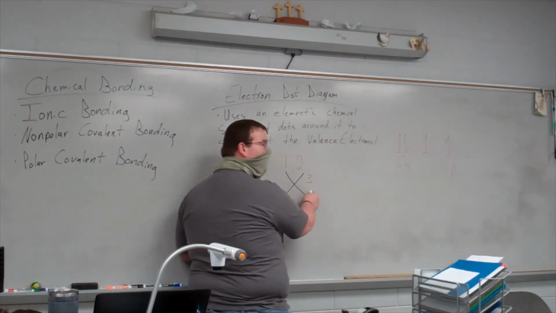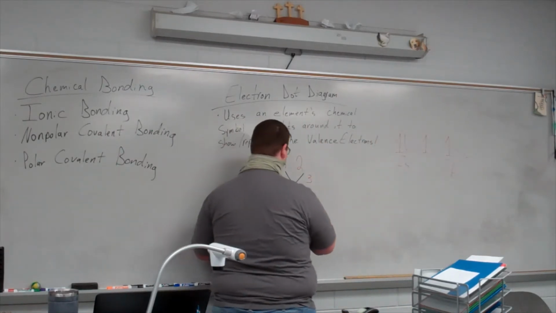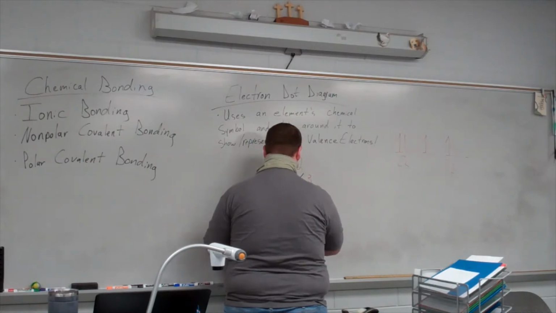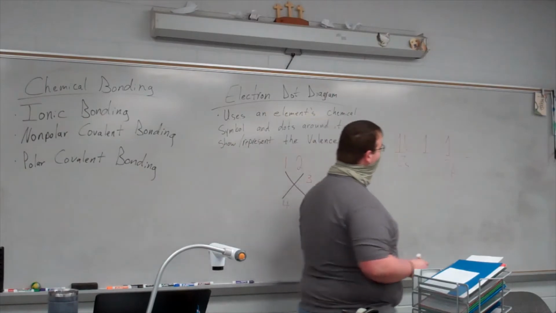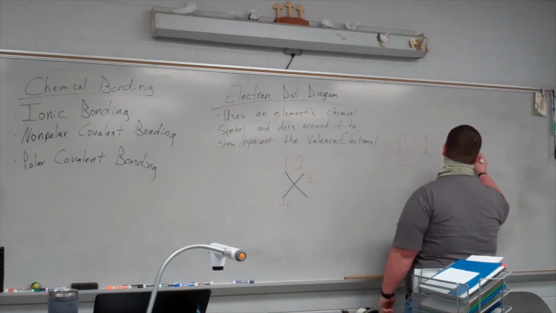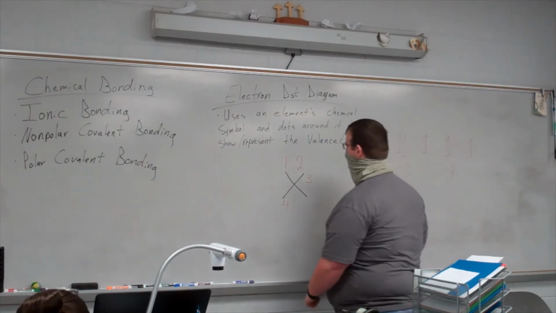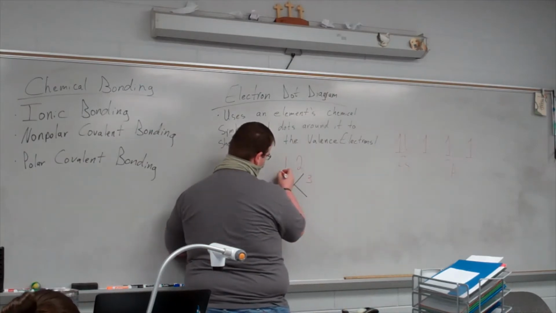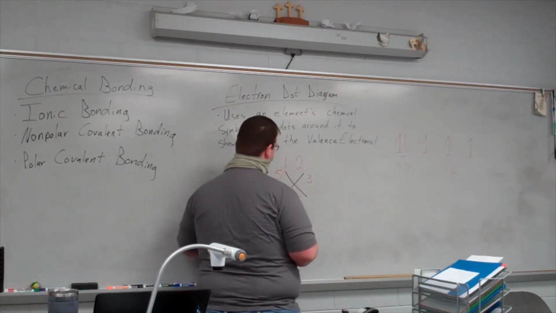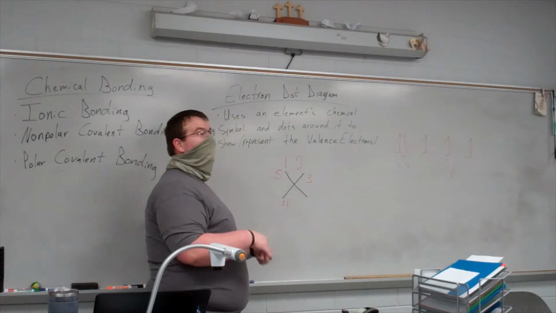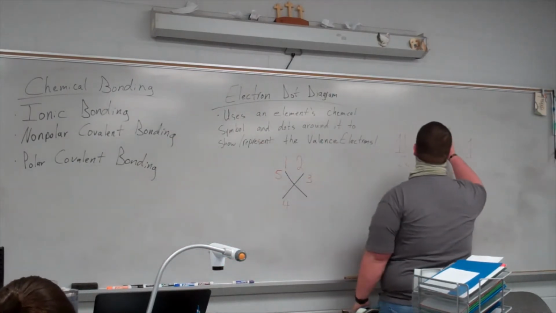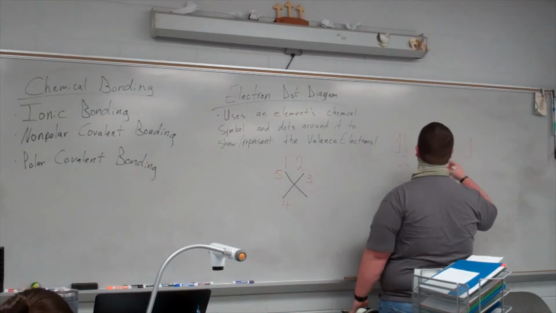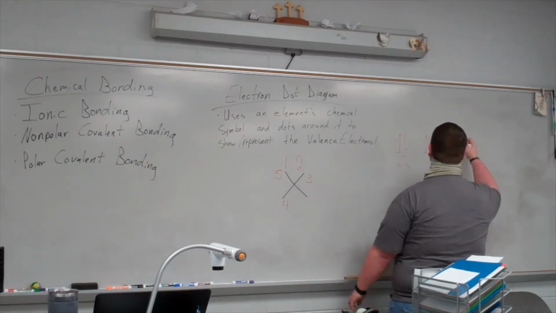So it will not go right here with 3. It'll go down here. Then you have the 5th electron. Boom. So it'll come up here by itself. And then we go through and repeat. So the 6th electron is with the 3rd electron. The 7th electron is with the 4th electron.